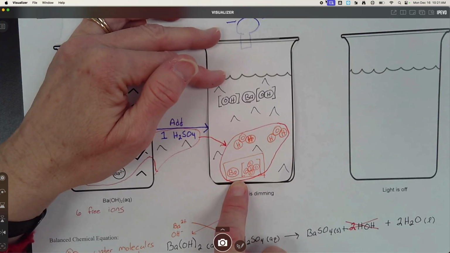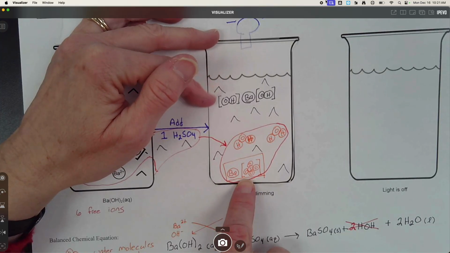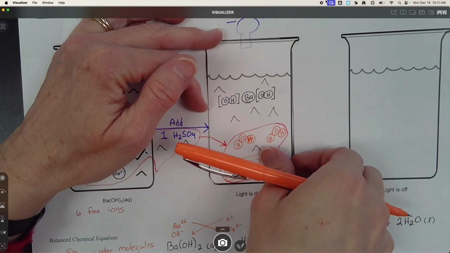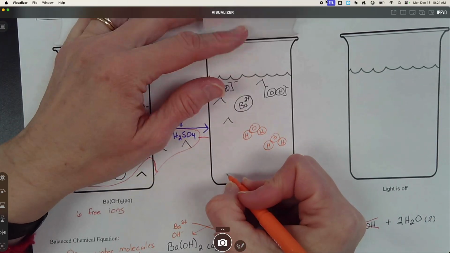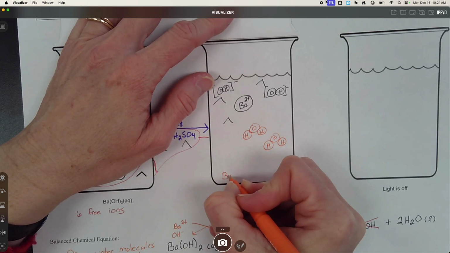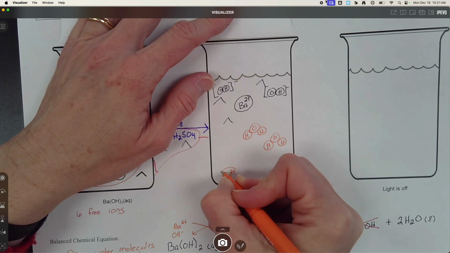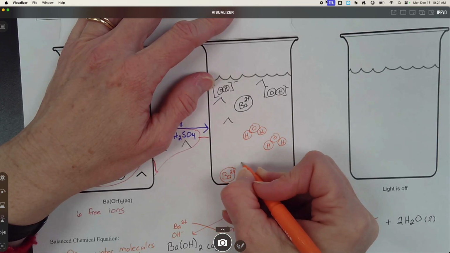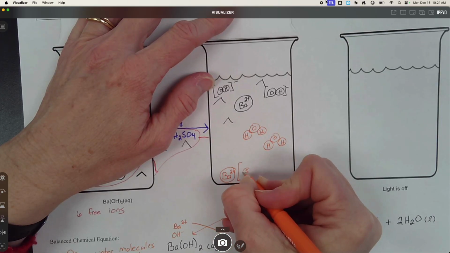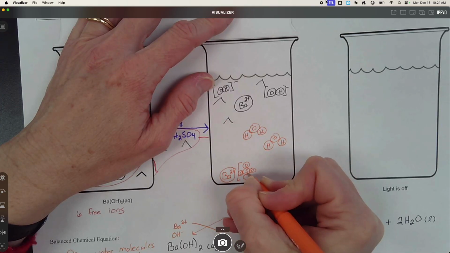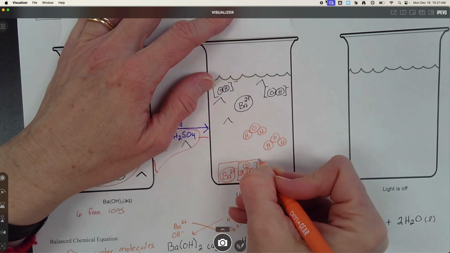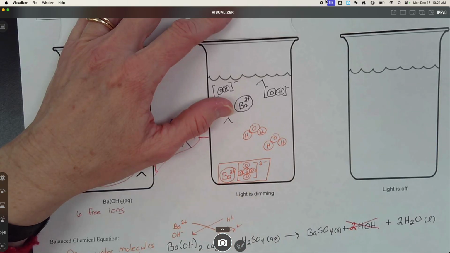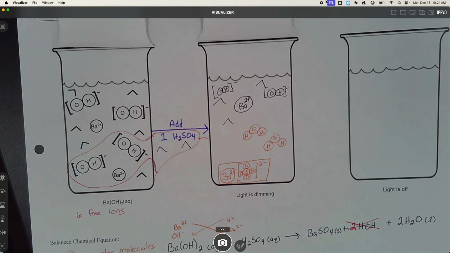And then I made a solid ionic compound. Ionic compounds in their solid state just stay as is, but we can see their ions. So solid ionic compound, there's our barium. Here's our sulfate. And because it was a solid, that's my reminder: don't pick that one apart.